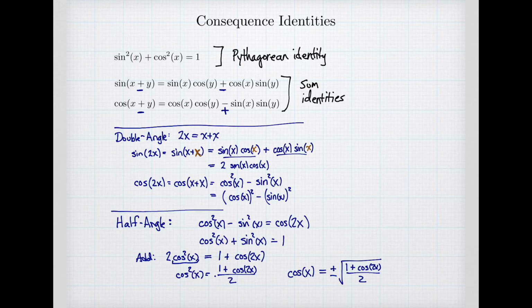If I subtract instead of add, and I'm going to take plus the second equation and minus the first equation, it's really sloppy notation, but this time the cosines are going to cancel and the sines are going to add. I get 2 sine squared of x equals 1 minus cosine of 2x.